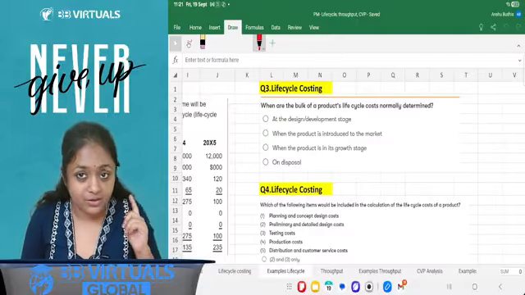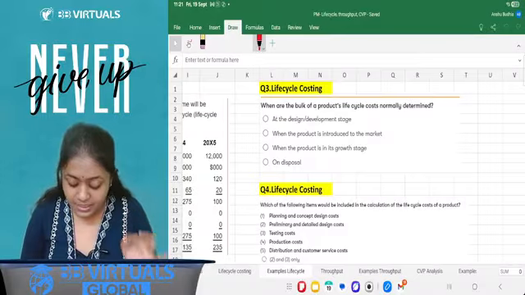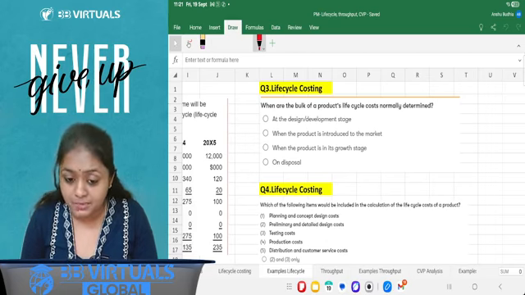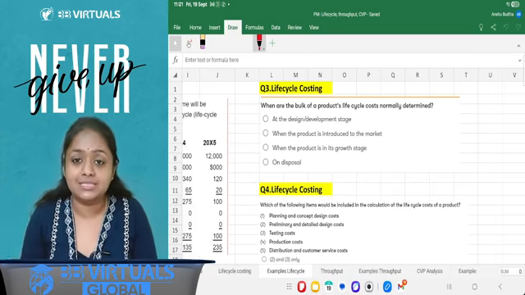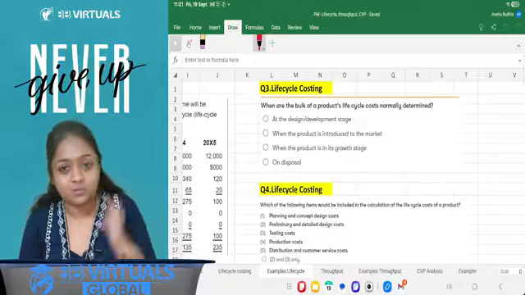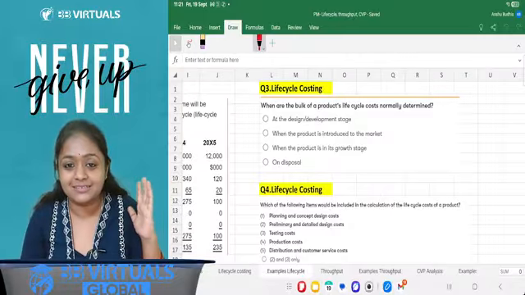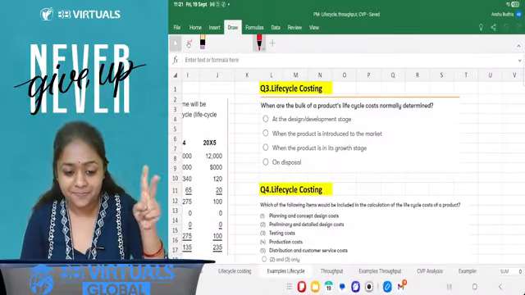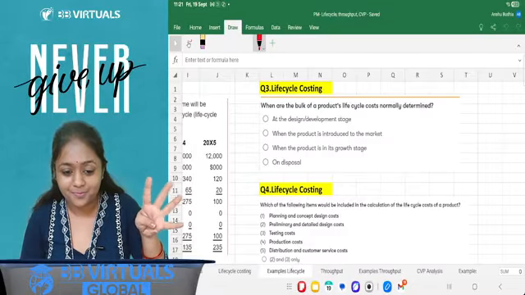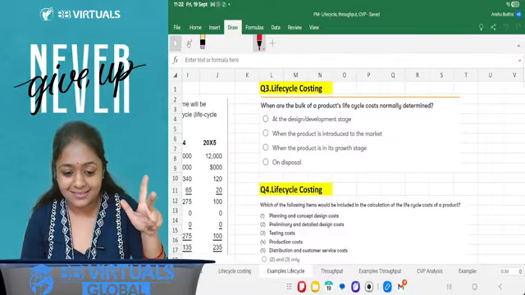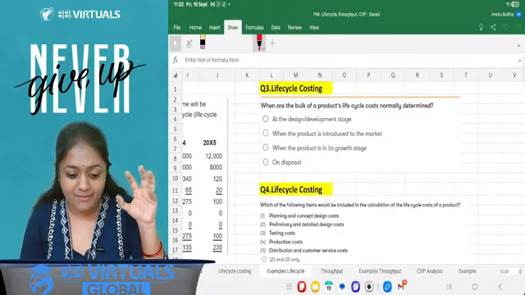At the design or development stage, when the product is introduced to the market, when the product is in the growth stage, or on disposal. 10 seconds to everyone. Let's see who can answer. Do I have answers?